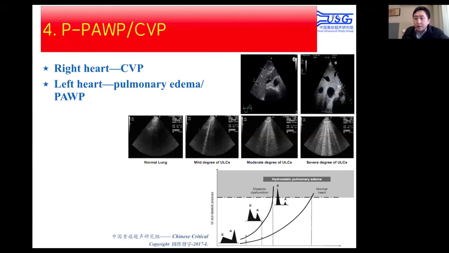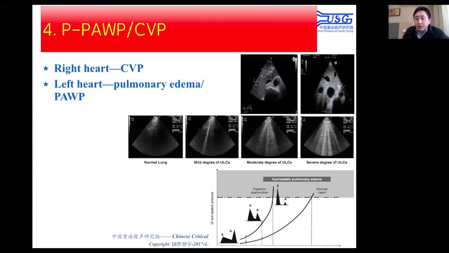We use critical care ultrasound to monitor the B lines of the lung to know the severity of the lung edema and the changes in the degree of the lung edema, and to assess the diameter and the shape of the IVC, to pause the fluid resuscitation and do more to improve the pressure of the left and right heart.